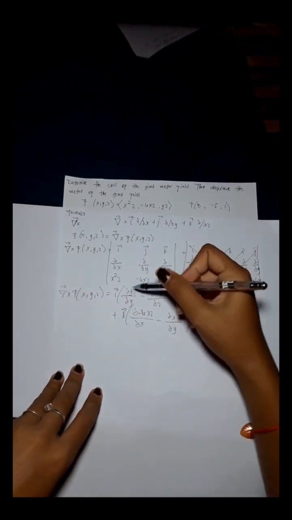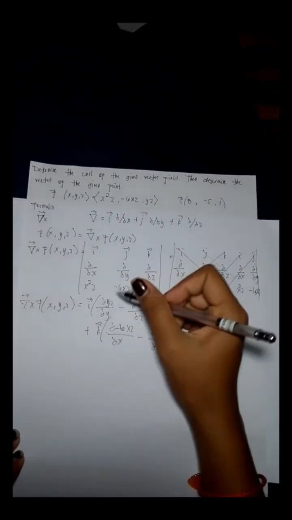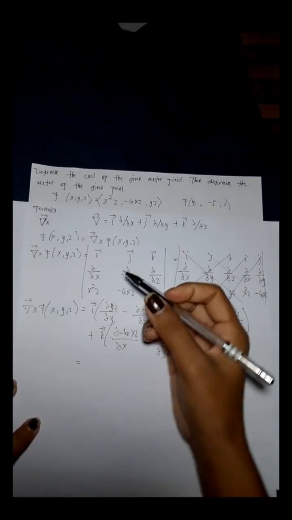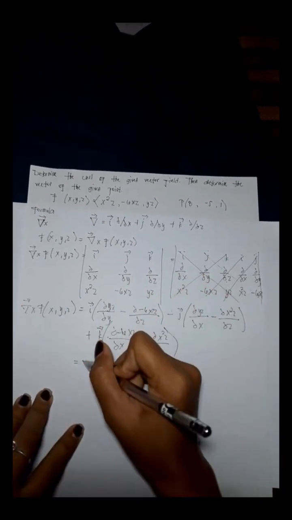So, we will now get the partial derivatives. For i hat, partial yz over partial y: the derivative of yz in terms of y is z. The partial derivative of negative 6xz in terms of z is negative 6x.